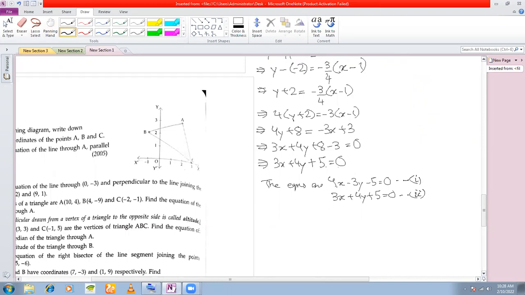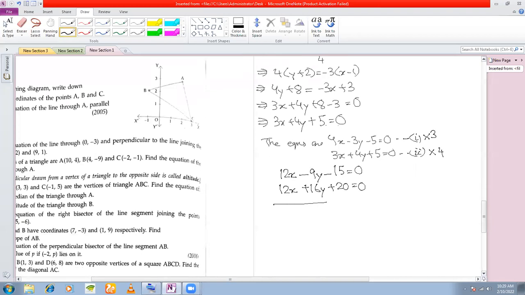The coefficient of x here is 4, so you can multiply this by 3, and the coefficient of x here is 3, so you can multiply this by 4, so that both of them become 12. 12x minus 9y minus 15 is equal to 0, and here you have 12x plus 16y plus 20 is equal to 0.